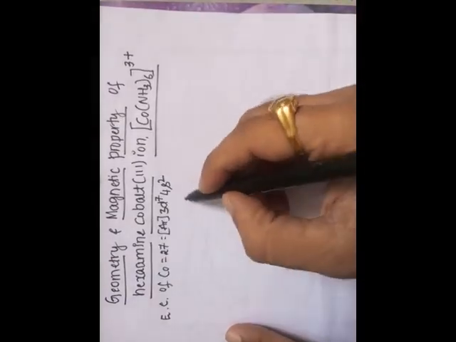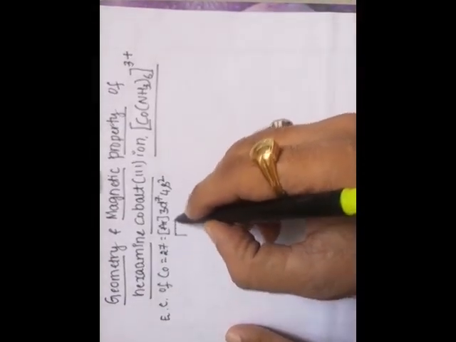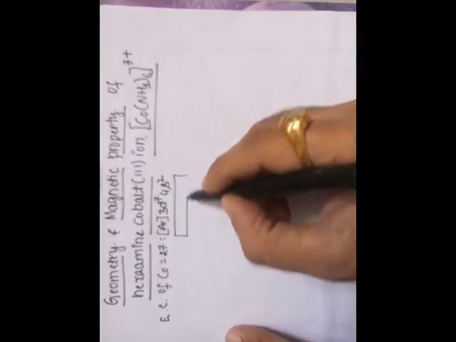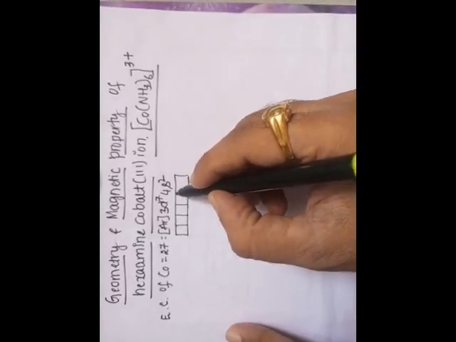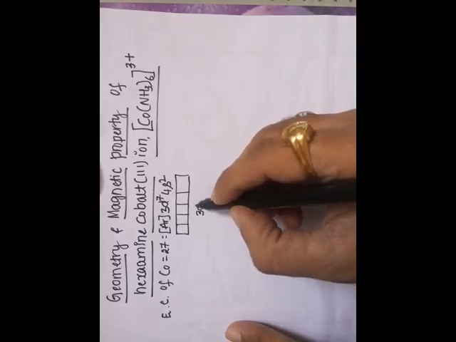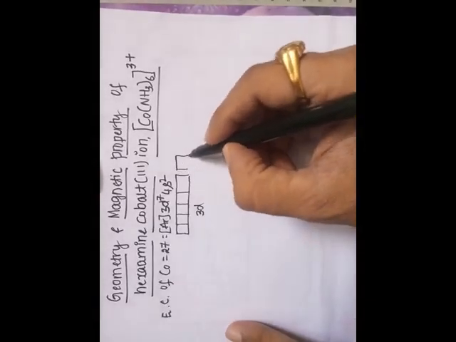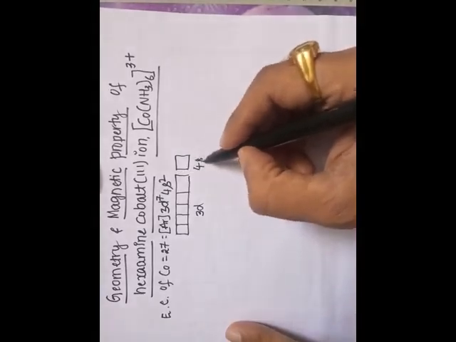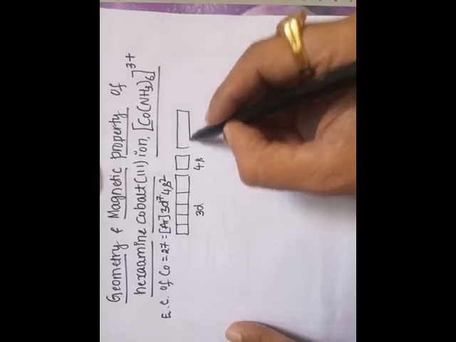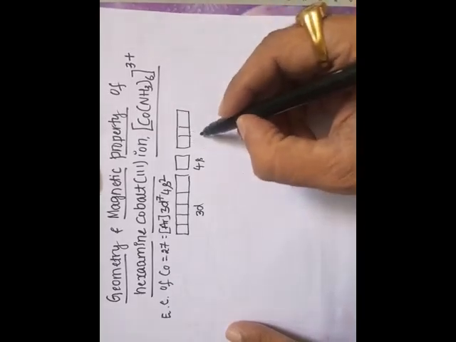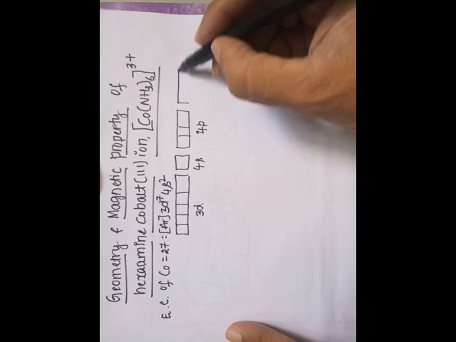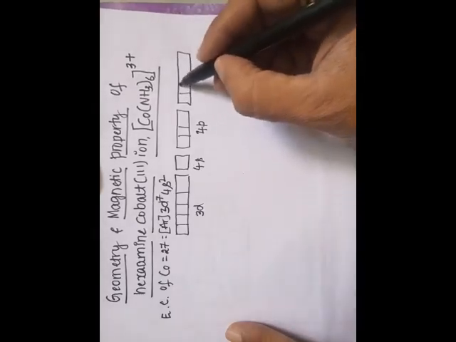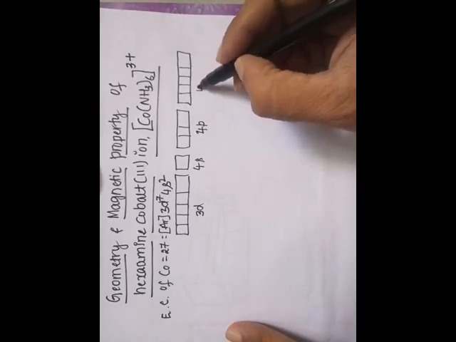If you write the box representation, this is the 3d orbital, this is 4s, this is the empty 4p orbital, and this is the empty 4d orbital.